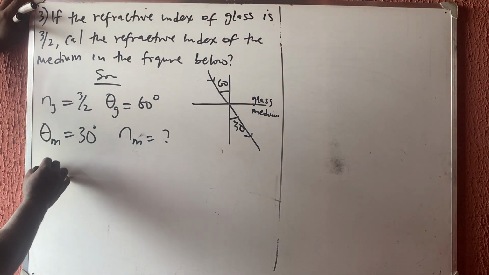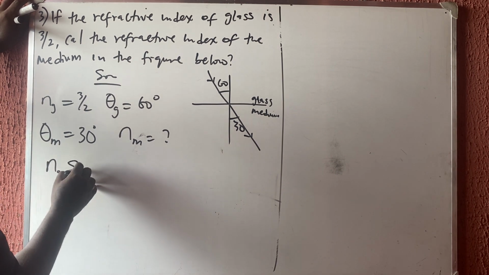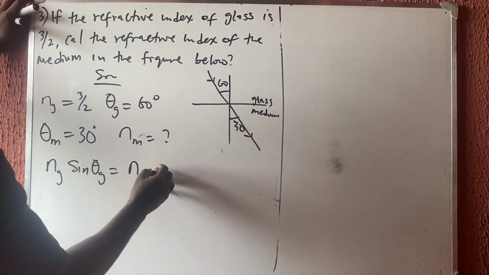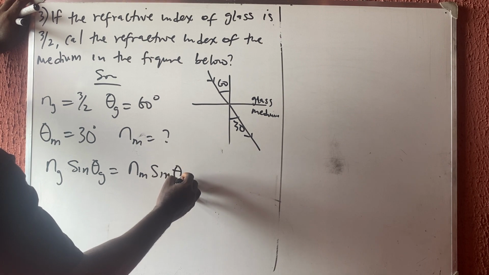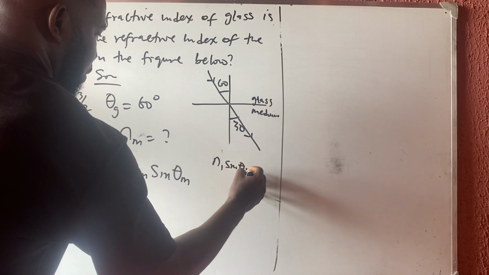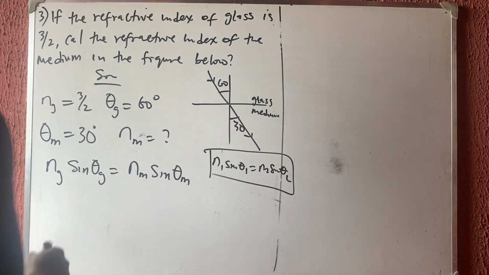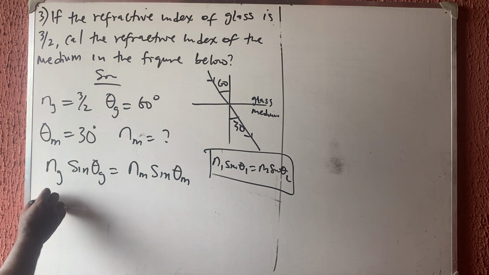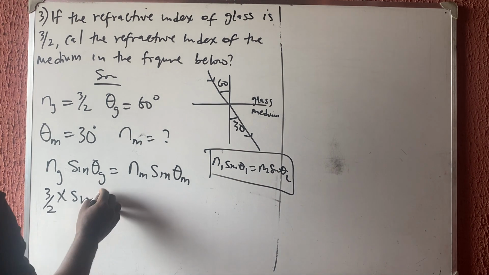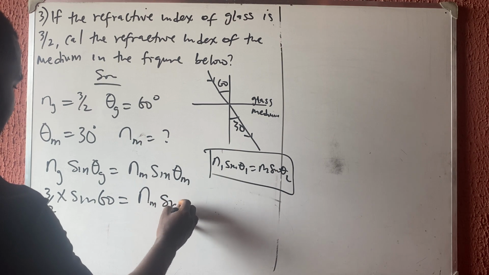So don't forget that n of g sine theta g is equal to n of m sine theta m. This comes from n1 sine theta 1 is equal to n2 sine theta 2. Don't forget this formula, I gave it to you before. So let us now do it. I have 3 over 2 times sine 60 is equal to n of m sine 30.